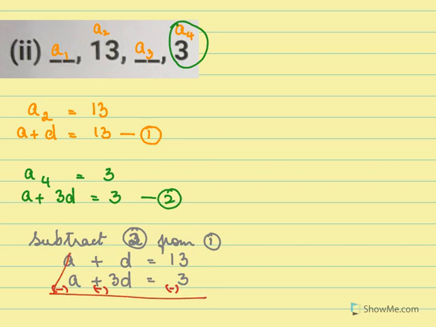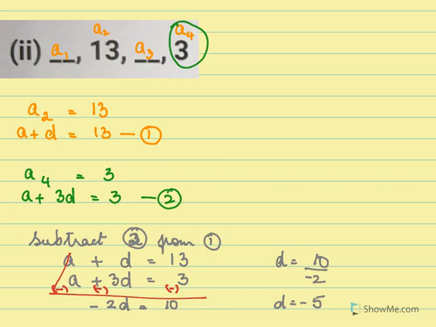So this cancels out. So D minus 3D is minus 2D, which is equal to now 10. So your D will be 10 over minus 2. So D is minus 5.